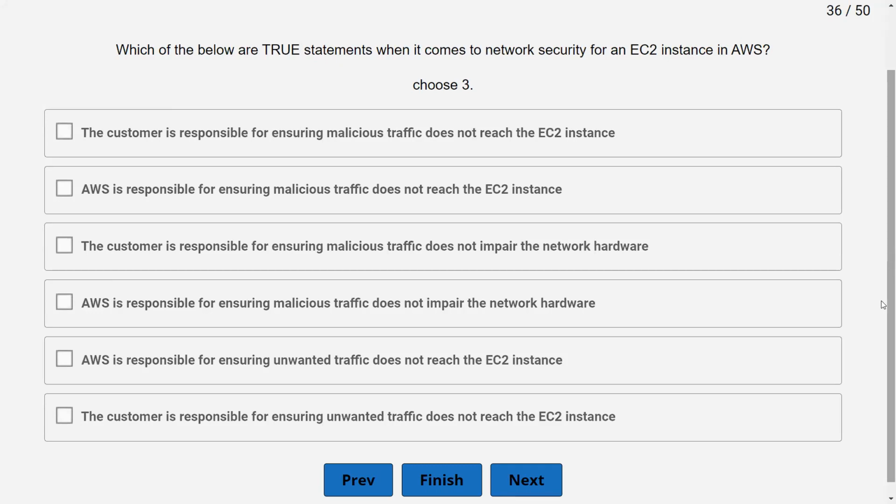The customer is responsible for ensuring malicious traffic does not impair the network hardware. AWS is responsible for ensuring malicious traffic does not impair the network hardware. AWS is responsible for ensuring unwanted traffic does not reach the EC2 instance. The customer is responsible for ensuring unwanted traffic does not reach the EC2 instance. Choose 3.